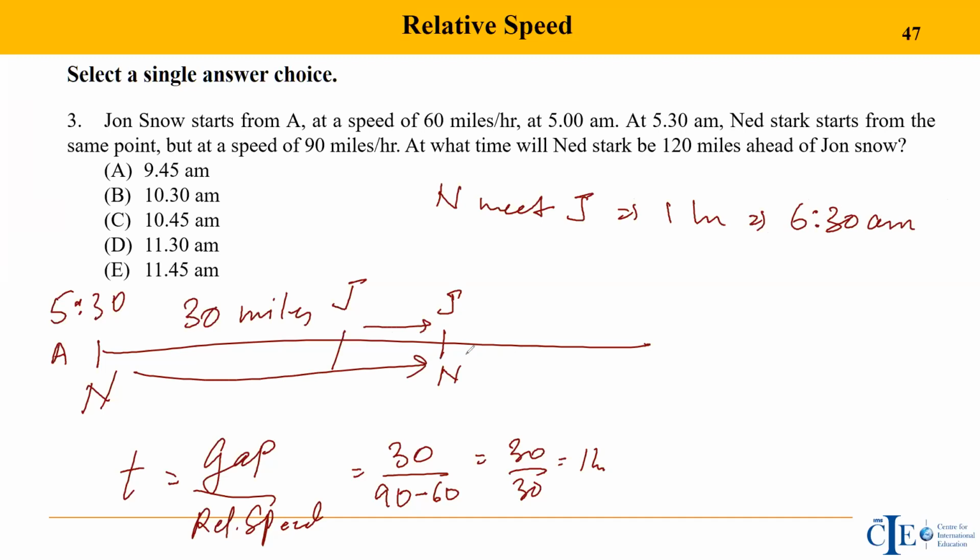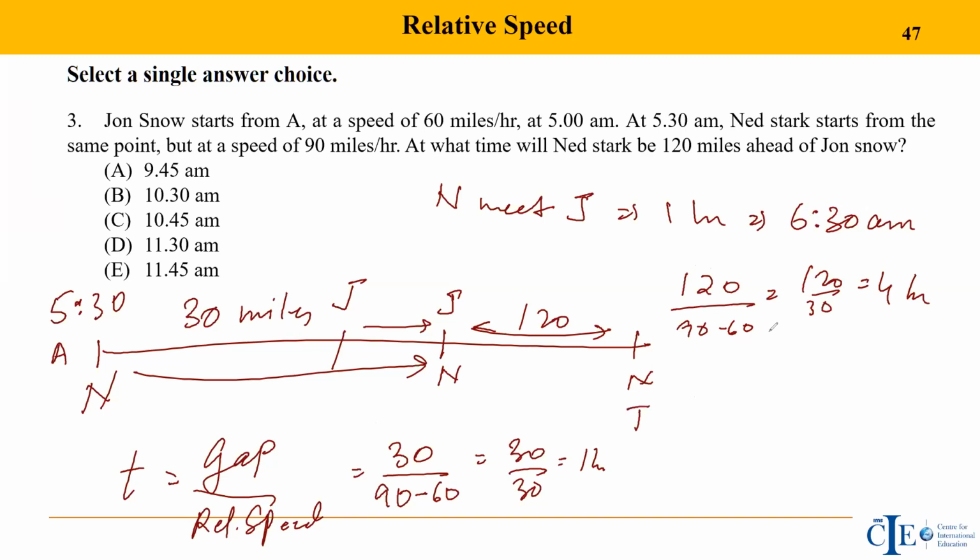Now, at some point, Ned has to have a lead of another 120 miles. Now, in order to cover 120 miles at the same relative speed of 90 minus 60, which is 30, it's 120 by 30, it'll take another 4 hours, right? Because he's adding only 30 more miles each hour in that case. So 4 hours after 6:30.